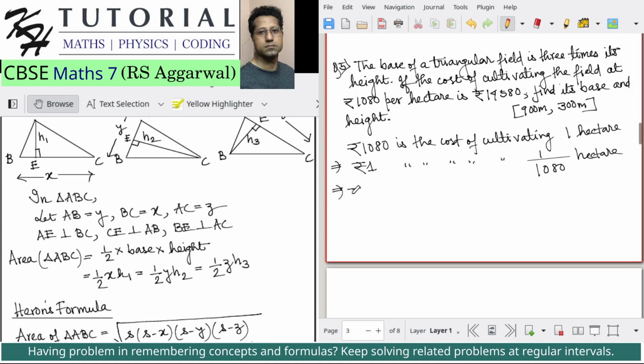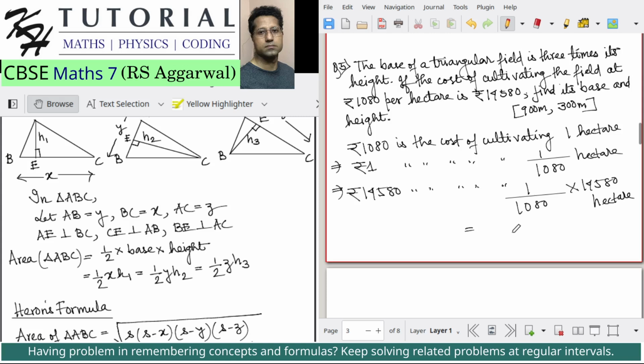This implies rupees 14580 is the cost of cultivating 1 by 1080 multiplied by 14580 hectare.